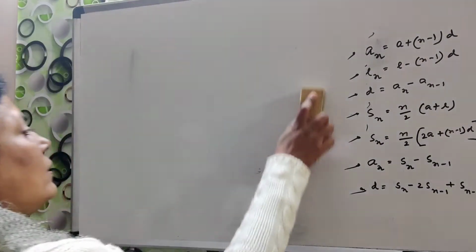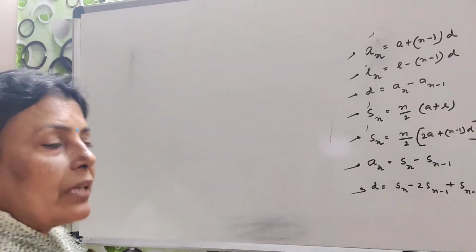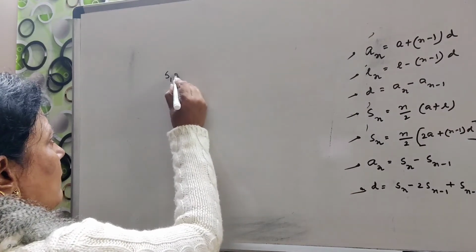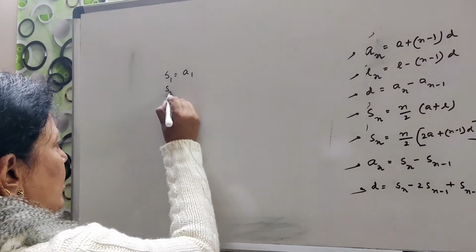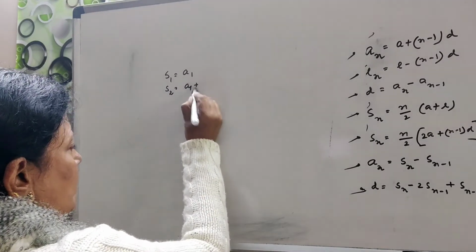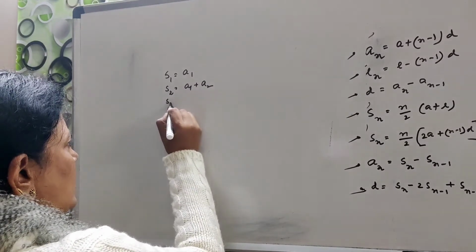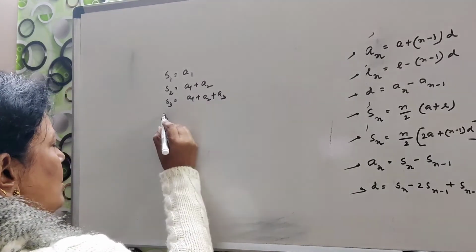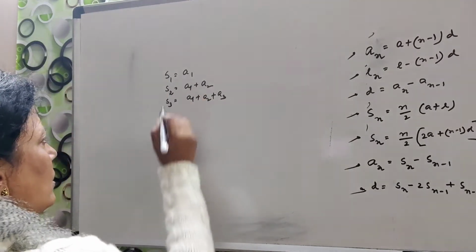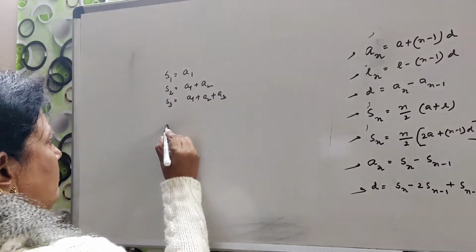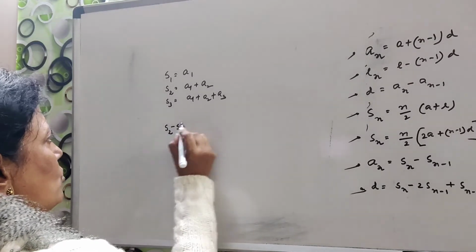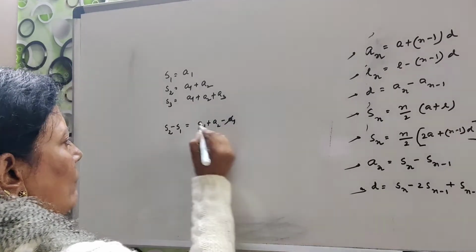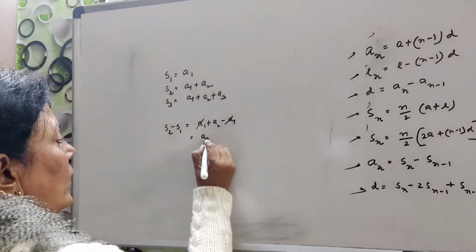Now from summation, how can we find the nth term, or the third term, second term or any term? We know the summation of the first term is equal to only the first term. The summation of two terms is the first term plus the second term. The summation of three terms is the first plus second plus third term. From this, S2 minus S1 is equal to A1 plus A2 minus A1, so A1 will cut, and that is equal to A2.